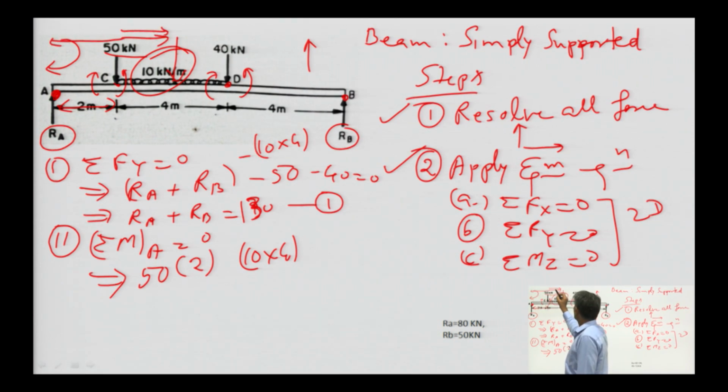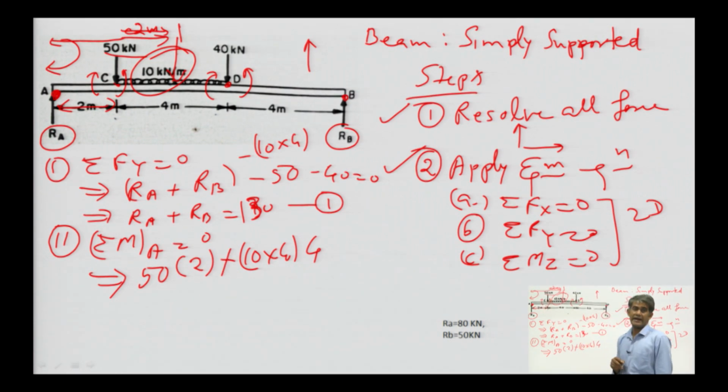And we know that this distance will be 2 meter, because UDL is acting at the midpoint of this distributed load. So, this value will be 2 plus 2 means 4. And what will be the direction? Direction is also same, it is rotating in clockwise direction, therefore, plus sign will be taken.